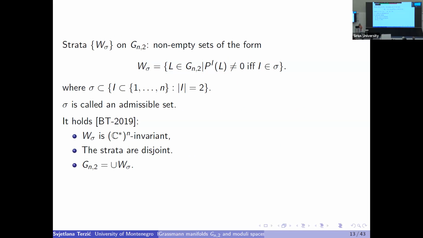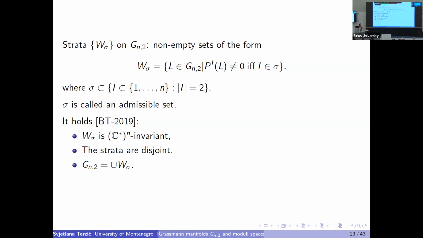We consider sigma, any subset of the two-element subsets of 1 to n, and we consider W_sigma, the points from G_{n,2} whose only non-zero Plücker coordinates are determined by sigma. So a point L belongs to W_sigma if and only if the Plücker coordinates indexed by I, where I is from sigma, are non-zero. If this set is non-empty, then we say it is a stratum, and such a set sigma, for which W_sigma is a stratum, we call an admissible set.